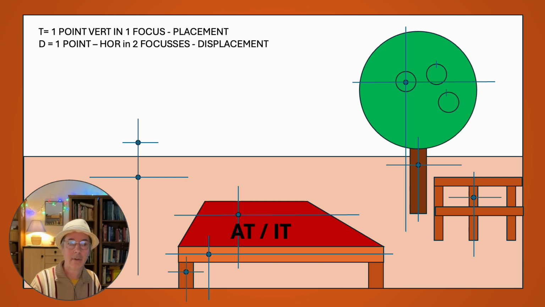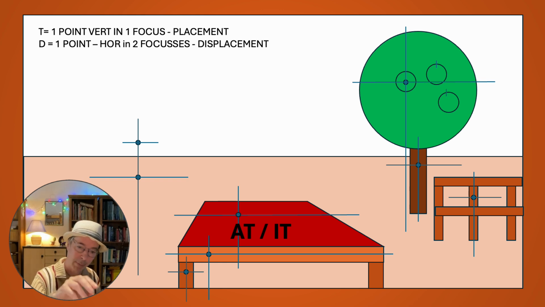The T now, we have the T, it's a focus on one point in one placement, while the D has two focuses and it's a displacement. So you have something that I focus at, or it gives it a function, it focuses on the place. I need to focus it a bit away from the center, so it's a bit higher on the focus, so that I'm really sure now I'm focusing at it.